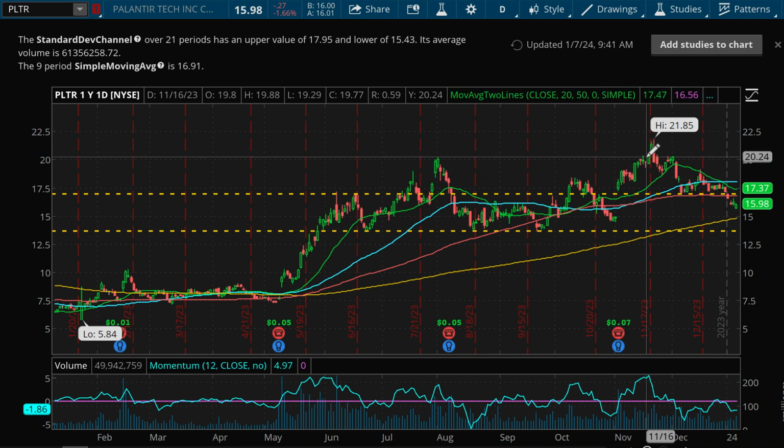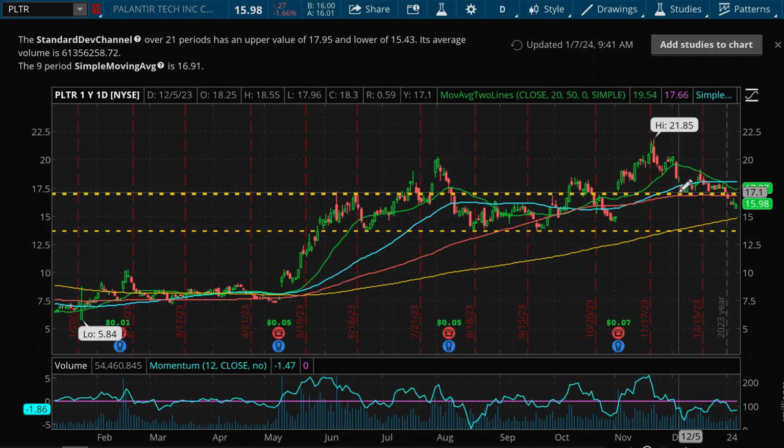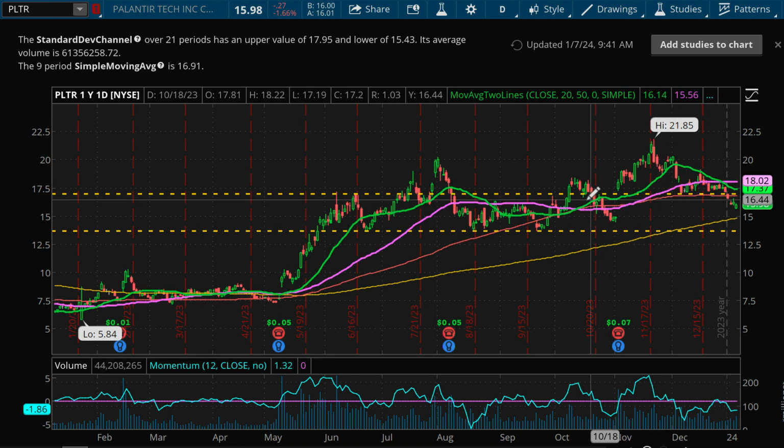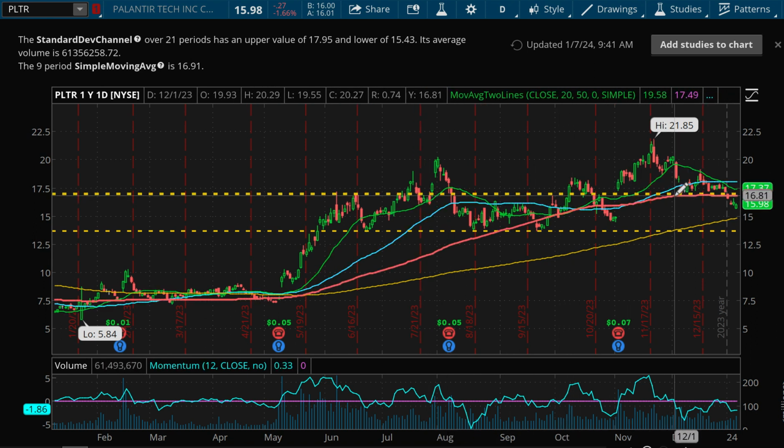This is where all the FOMO comes in. Imagine people that missed all this action the past 6 months. They recognize that this could be a level of support because, hey, what was resistance before turned into support later. So the FOMO kicked in and they came in to support the stock. That's why the stock bounced here.